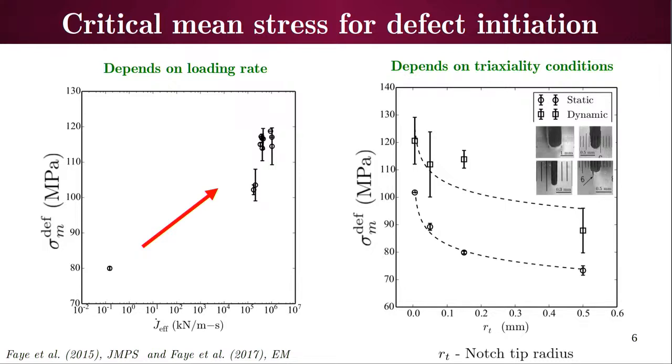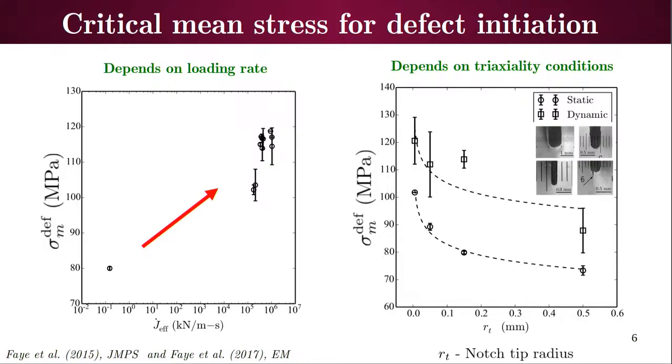At the same time, we also did experiments with different notch radii. So these are the different notch radii we looked at. This is larger, this is smaller than that, this is smaller still, and then there is a sharp crack which is cut through with a blade. By having different notch radii, we can vary the trajectory ahead of the crack.